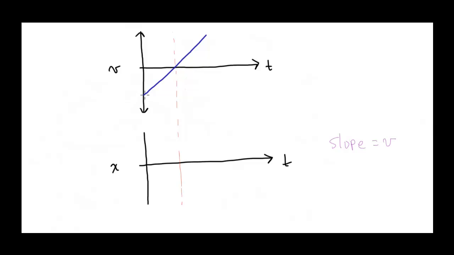Okay, well, my starting position. What is my starting position according to this velocity graph? If you think about it, we have no information about the initial position, about x initial.